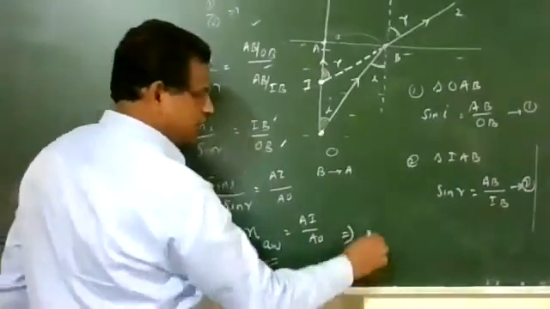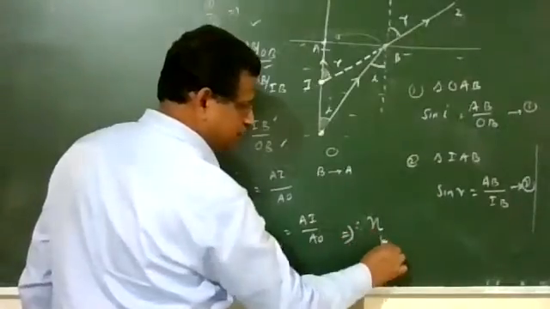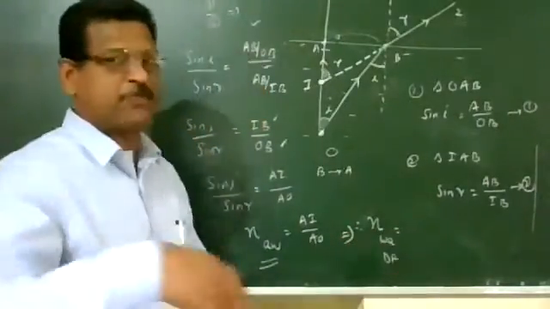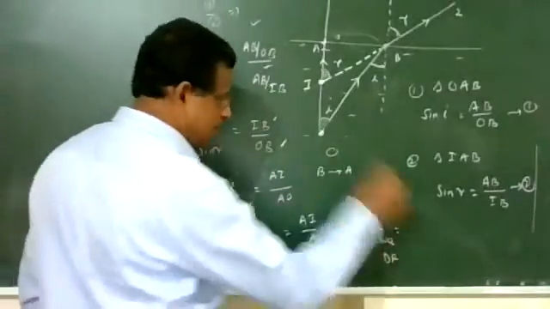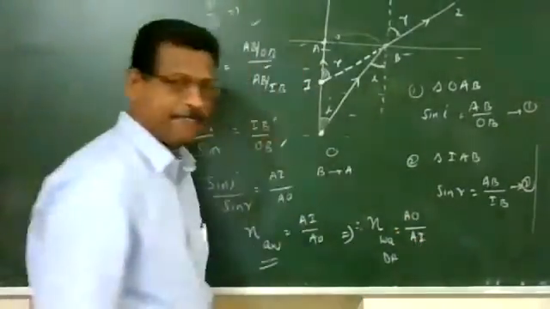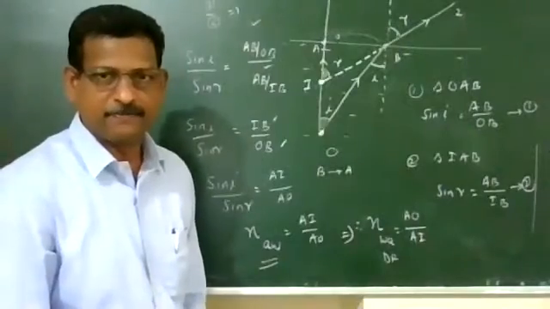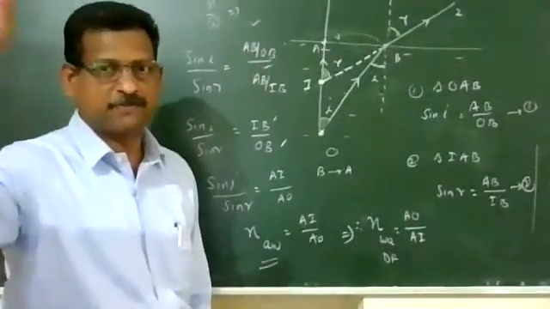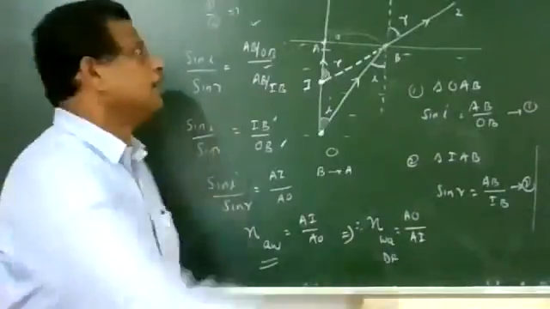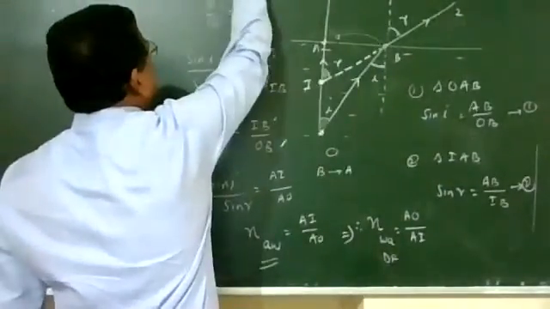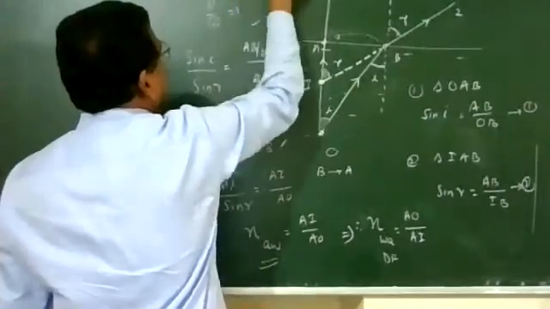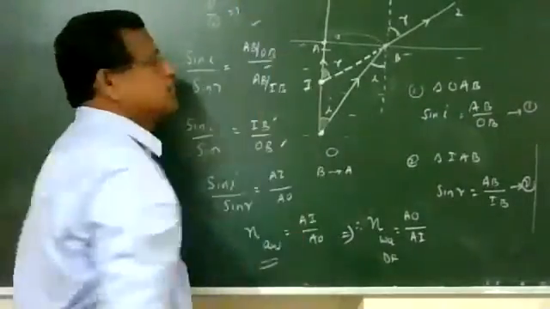Therefore, the refractive index of water with respect to air, meaning denser with respect to rarer, is the reciprocal, that is AO divided by AI. Last class we have seen this: 1 upon n21 is equal to the reciprocal, so I can also remember the relation n12 equals 1 upon n21.